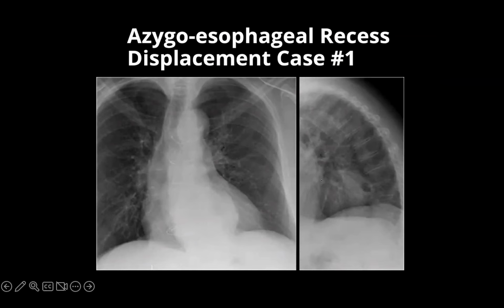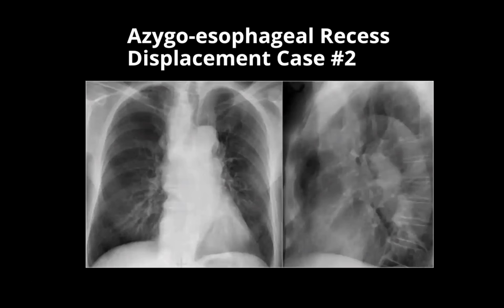You can see that opacity is just bulging in the retrocardiac space. And that corresponds to the most common cause of that esophageal widening and deviation, which is the hiatal hernia.